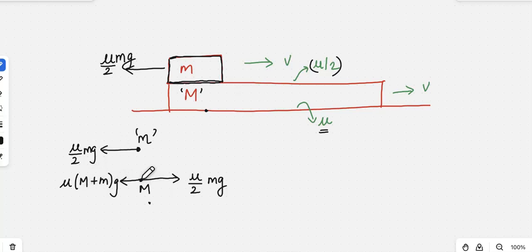So for the bigger block M, more frictional force is there towards left compared to the small m block. And that's what is going to happen, because then this capital M block will come to rest much faster compared to the small m block. That means the small m block is going a little faster than the capital M block, and it will fall off after a certain time, right?